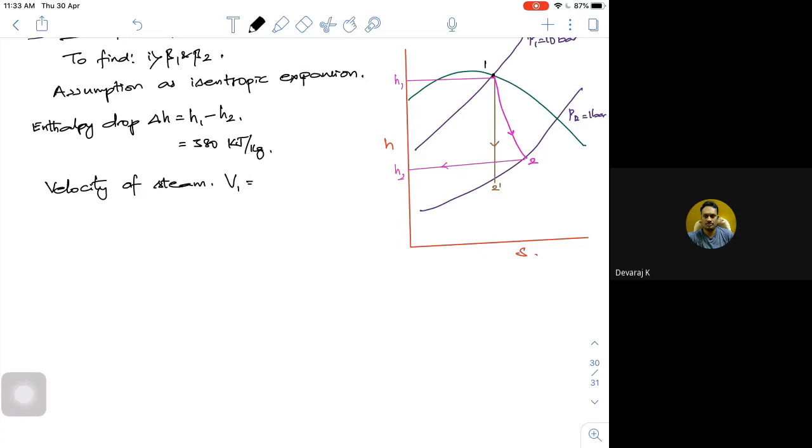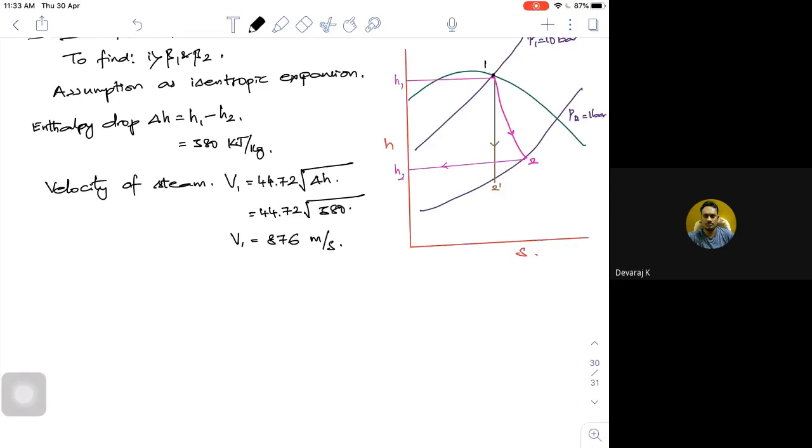Hope you remember we have derived the formula, which is V1 is equal to 44.72 into the square root of your delta H. So 44.72 into square root of 380. If I do that, I will get my velocity around 876 meters per second.